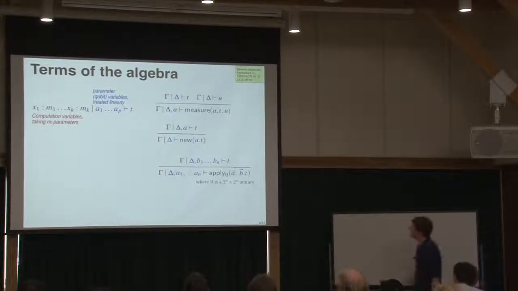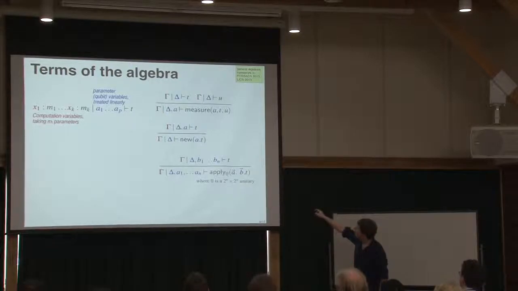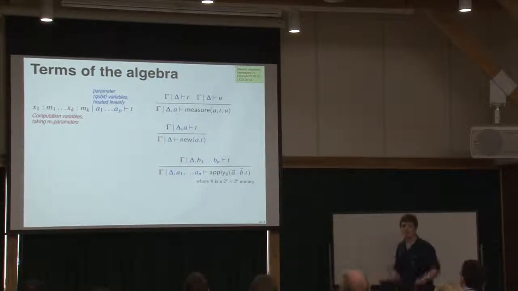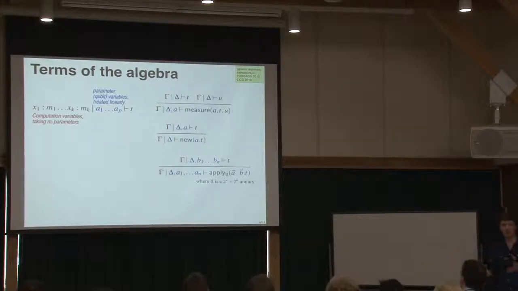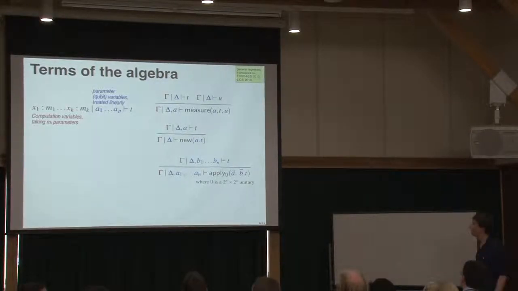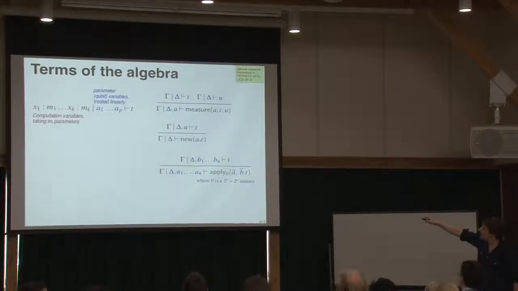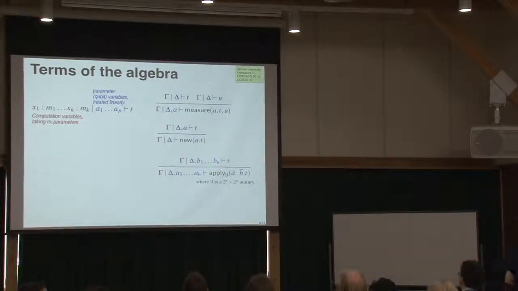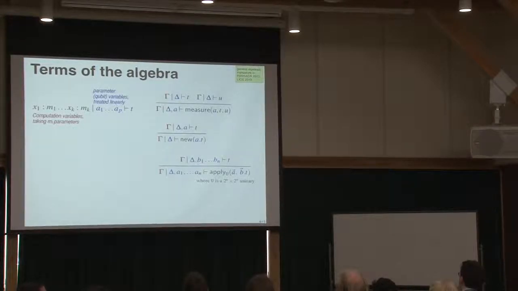Let me just emphasize some of the syntax. So A dot T means A is binding in T. That's like exists A, T in predicate logic, or lambda A dot T in lambda calculus. It's variable binding up to renaming of variables. Similarly, down here, B dot T is binding. And also, I can emphasize that these qubits must be treated linearly. We're used to the idea that qubits can't be duplicated.